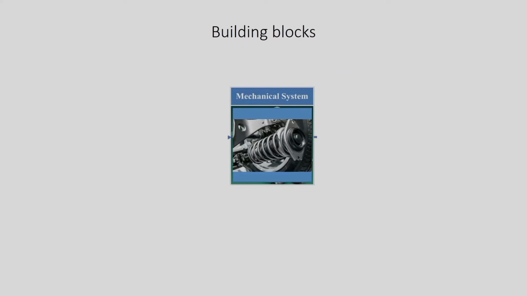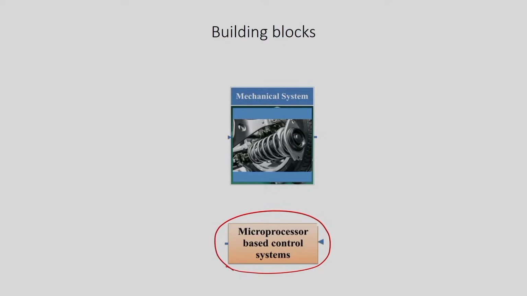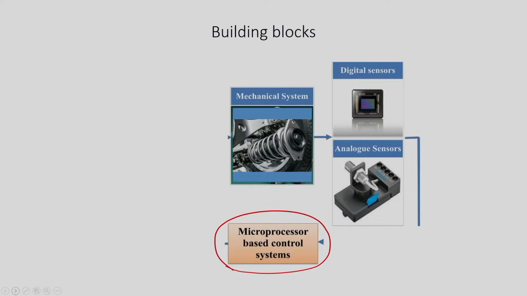Well, if you try to develop an arrangement showing the building blocks of an automated system, we can see here a mechanical system which is basically being controlled by a microprocessor based control system. This microprocessor based control system gets inputs from various sensors. Those sensors may be digital sensors or analog sensors.